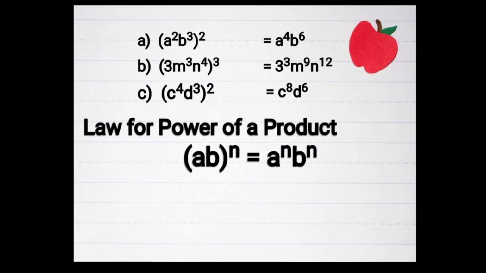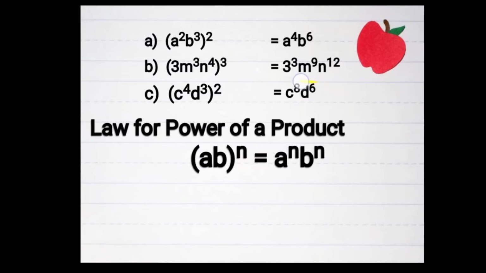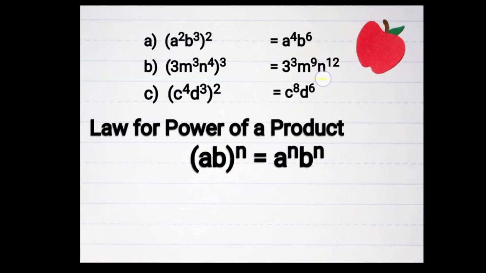Now, for the exponent of m, copy the base m, then 3 times 3 is 9. That's why we have m raised to 9 power. Next, the exponent of n. Copy the base n, then 3 times 4 is 12.